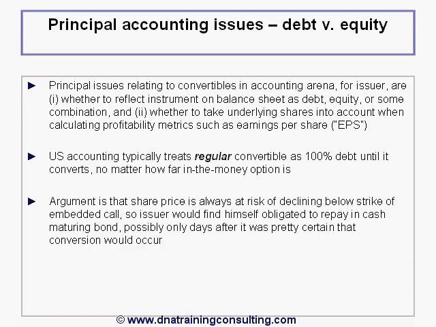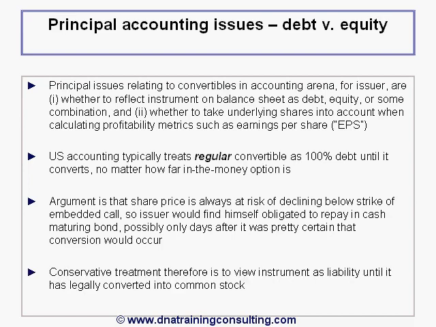It is felt that the share price is always at risk of declining below the strike of the embedded call option, with the issuer therefore finding himself all of a sudden obligated to repay the bond in cash when it matures, possibly only days after it had looked almost certain that conversion would occur. The conservative treatment, therefore, is to view the instrument as a liability until it has legally converted into common stock.